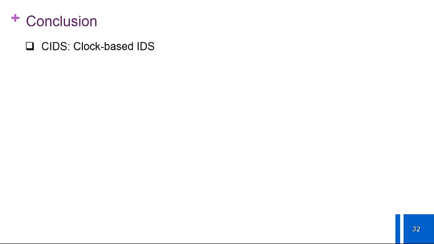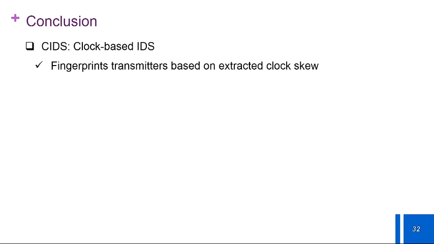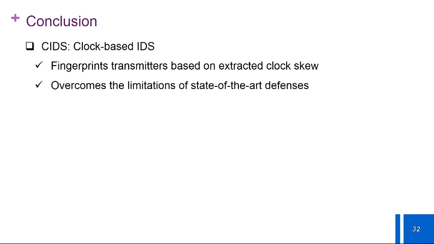So to conclude this talk, I have talked about a clock-based IDS, which detects malicious messages by looking at their timings. Basically, the idea was to fingerprint transmitters by extracting their clock skews. One merit of this IDS is that it overcomes some limitations that existing IDSs had for vehicles.